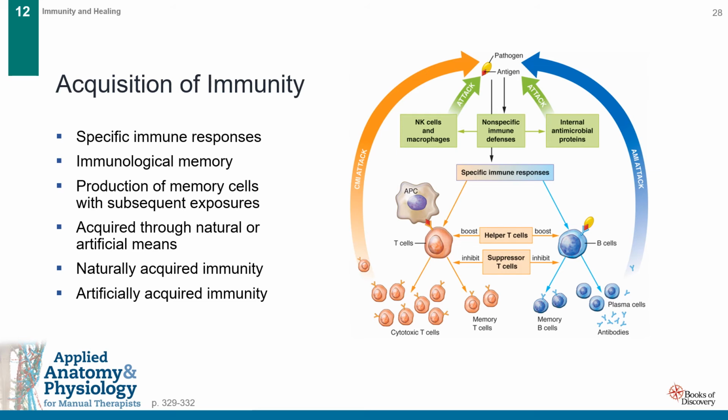The large number of memory cells activated during the subsequent response produce greater numbers of cytotoxic T cells and/or antibody-producing plasma cells. Another reason for the rapid response and increased intensity of subsequent exposures is that the antibodies produced from the first exposure are still available, and they are more effective in fighting the antigen.